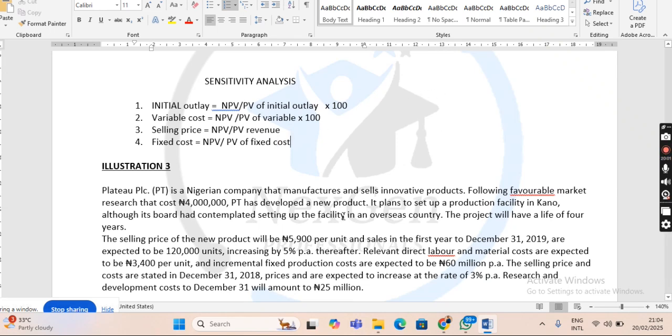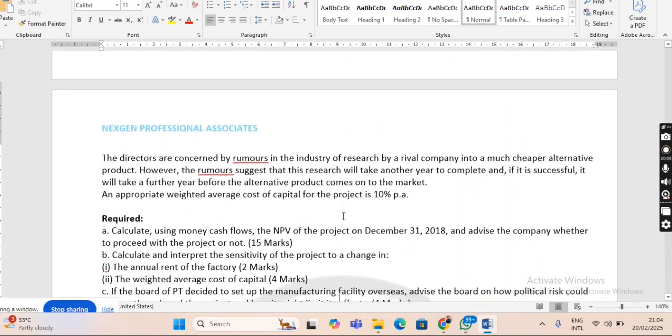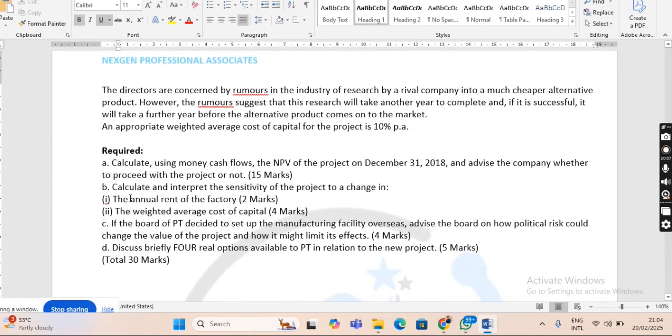Anything given to you that you should do the sensitivity analysis on, like this question 3 here, which is 2 plus 4, 6 marks. You can see: calculate and interpret the sensitivity of the project to a change in the rent of the factory.